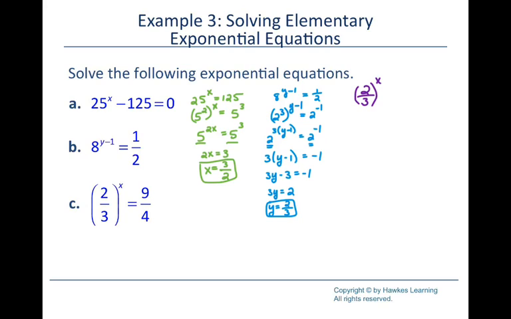Well, 9 is 3 squared and 4 is 2 squared. So we can get to a base of 2 and 3, but they're on opposite sides. So what do we do? Maybe we need to do a reciprocal.